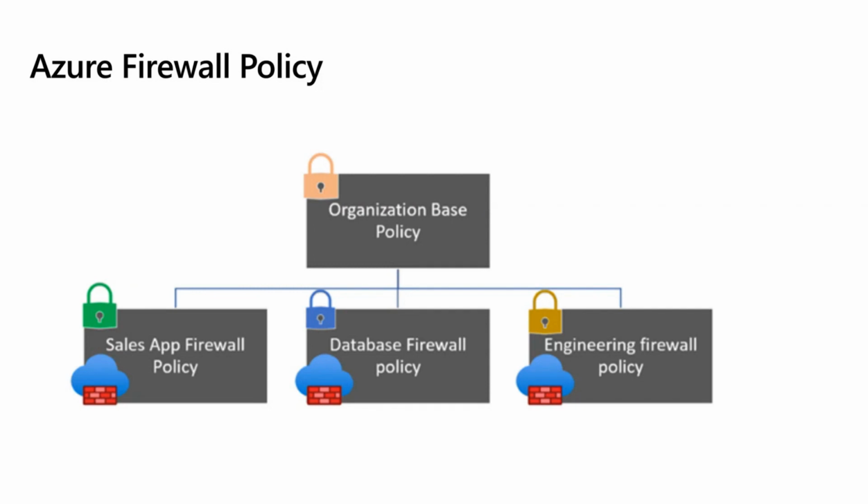And as you see here, there's an organization-based policy that will always be applied whenever you have a sales policy, database policy, and engineering policy configured. The global policy, the parent policy, always gets executed first. The child policy can only have stricter rules. If the parent is denying something, the child cannot allow it.